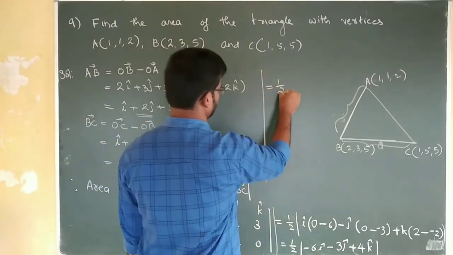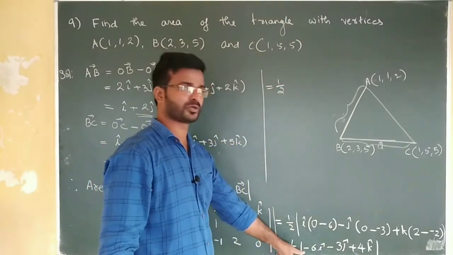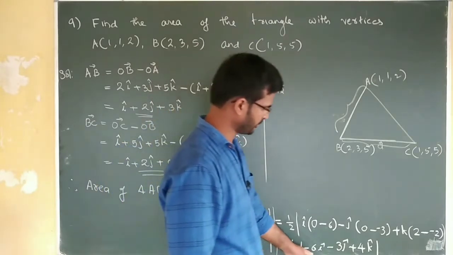Equal to 1 by 2. We have to take the modulus, isn't it? How to take the modulus of this vector?